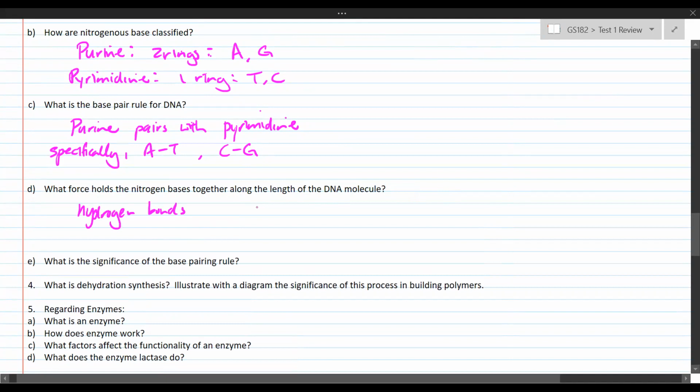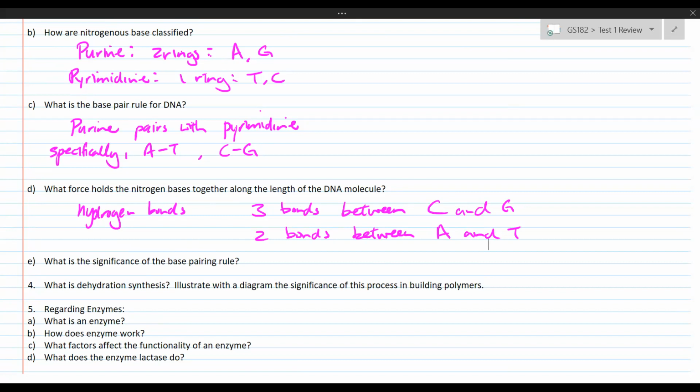There are 3 hydrogen bonds between C and G, and 2 bonds between A and T. So it's much harder to pull apart a strand that has a lot of Cs and Gs, and easier to pull apart strands that are only As and Ts.